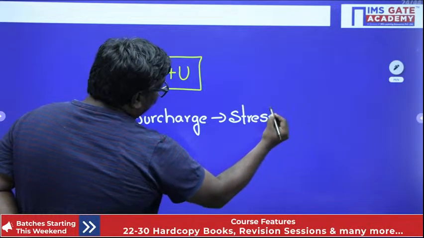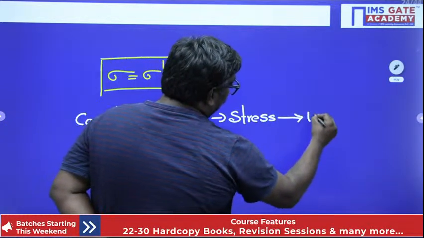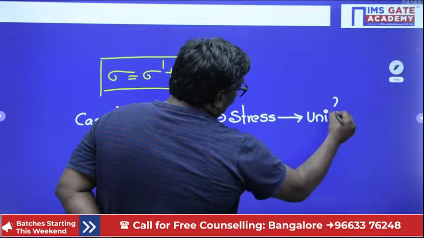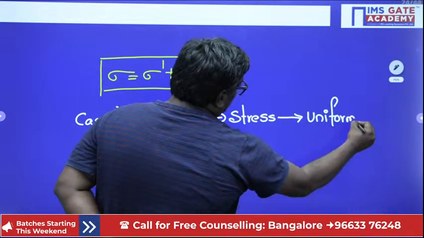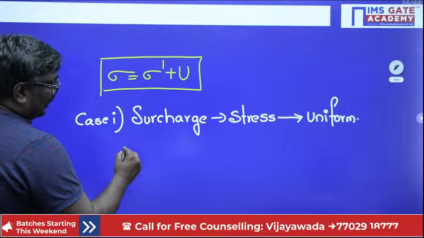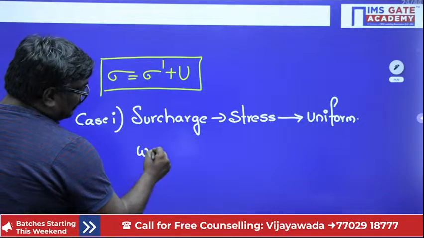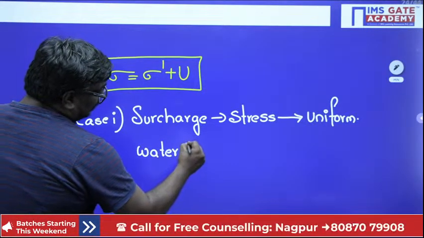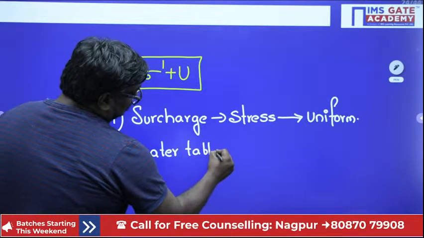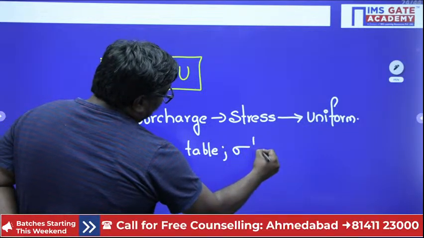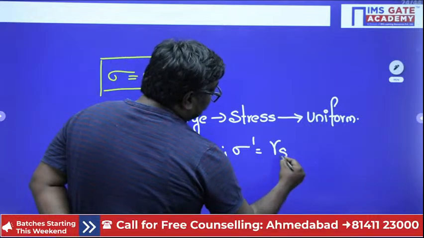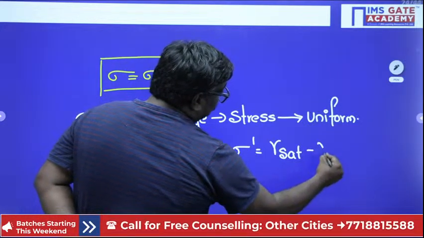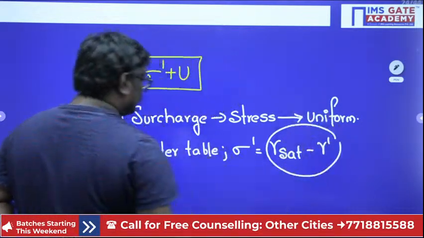In case of surcharge, how is the stress? The stress is going to be uniform. Okay. And next, in case of water table, when effective stress is calculated, gamma sat will be replaced by gamma dash.